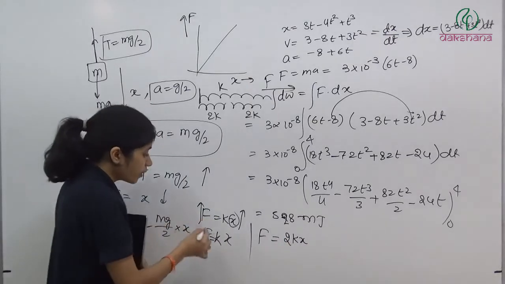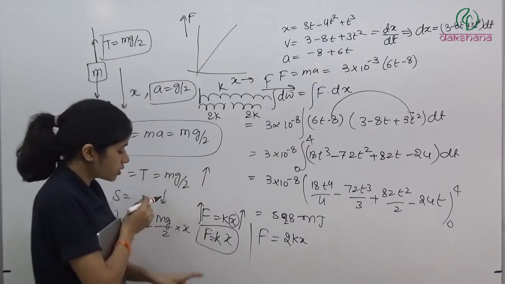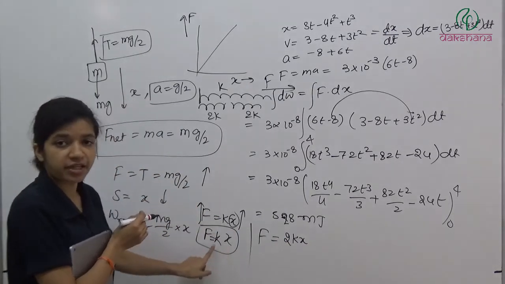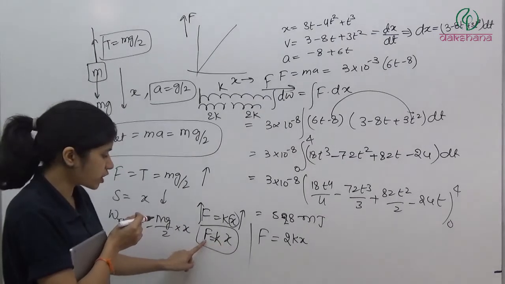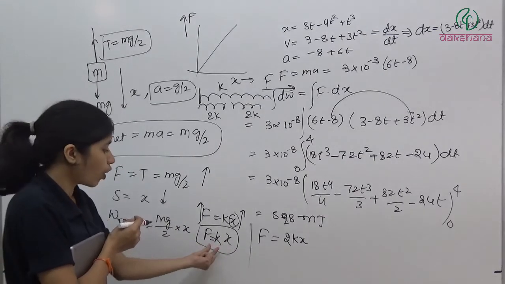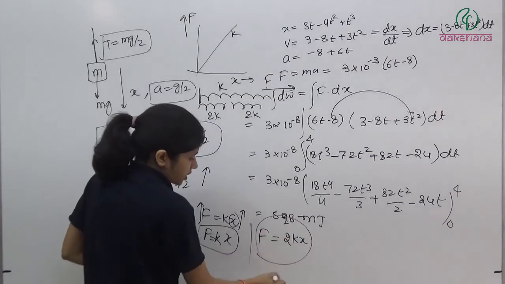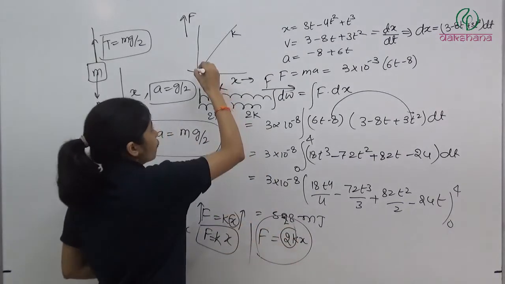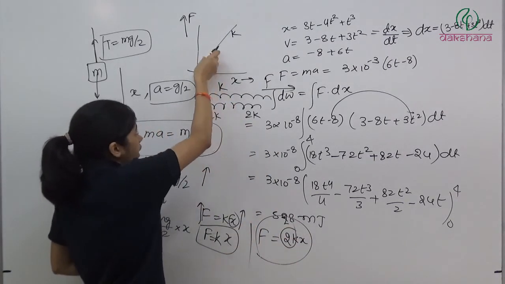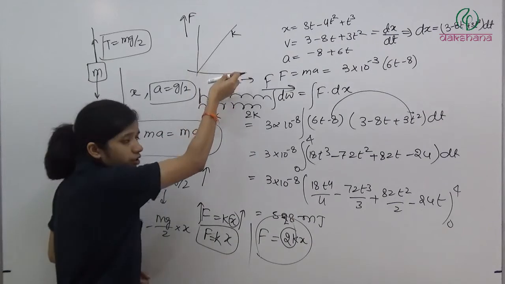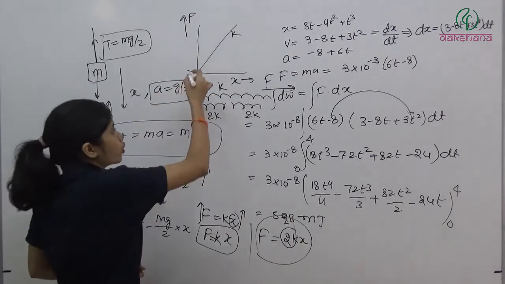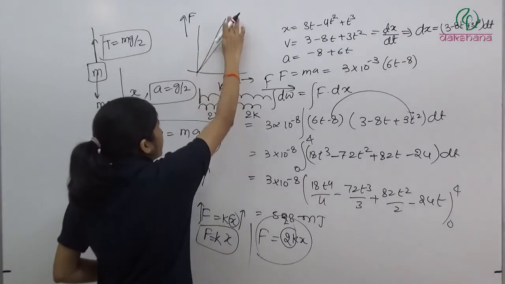So what has happened? This is a straight line. F versus x is a straight line. F is equal to Kx. It's a straight line of slope K. Now again it's a straight line with slope 2K. So when slope will increase, the line will move like this or like this. Just think, it is going to move in this direction. This is the higher slope.